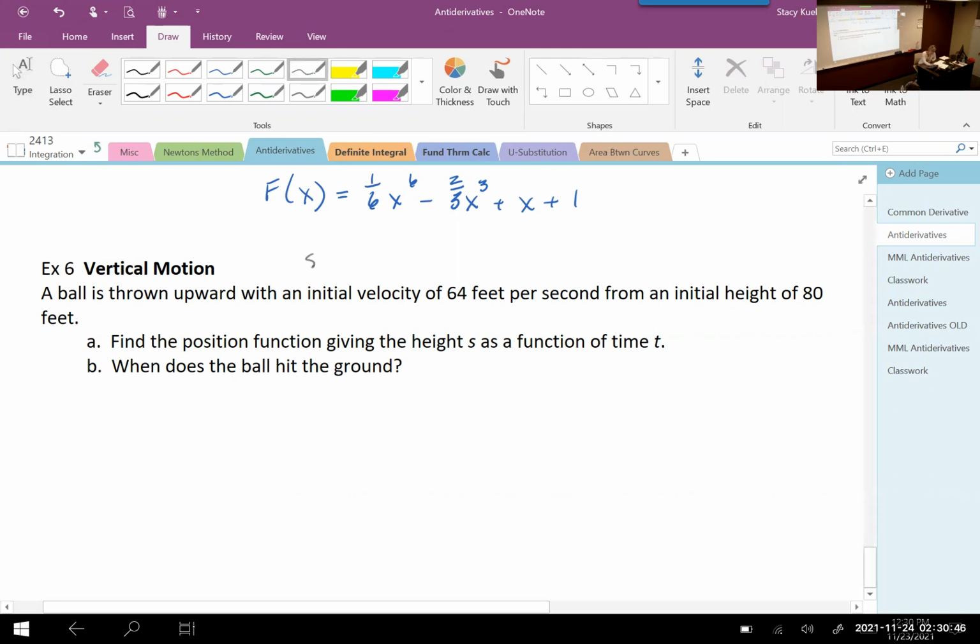So if we have the position function, which we typically call s sub t, then the derivative is the velocity, right? And then the second derivative is also equal to acceleration with respect to t.